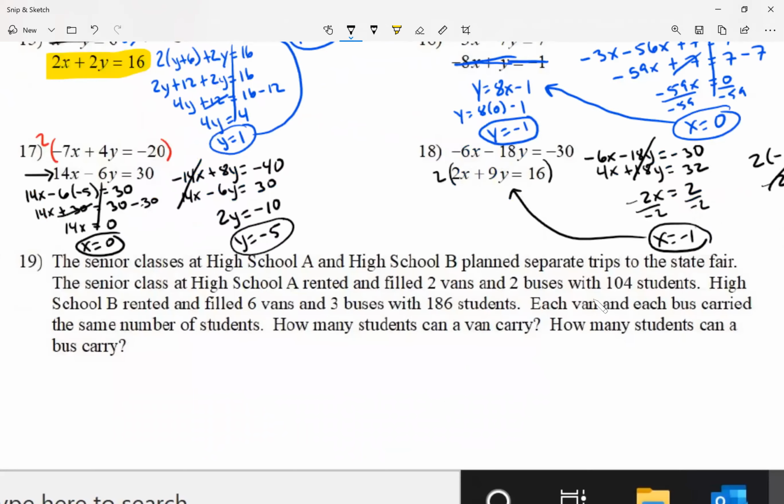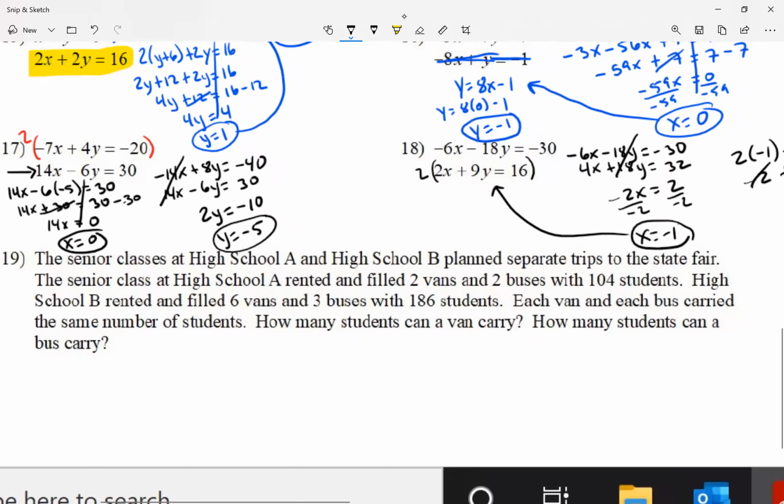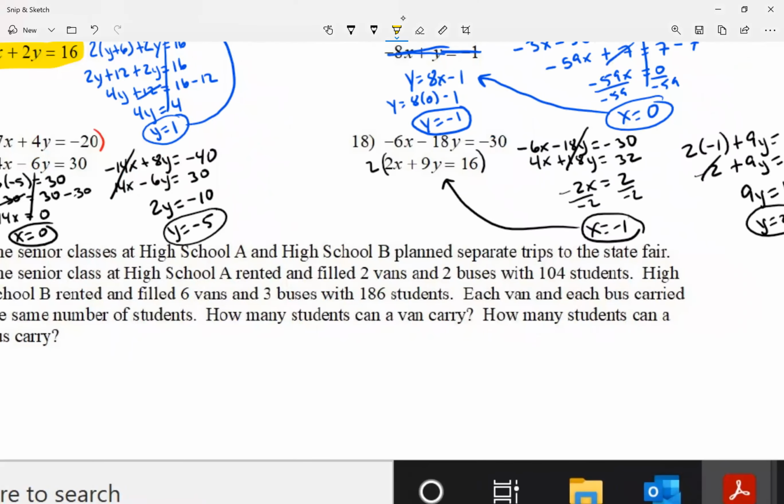Now let's take a look at word problems. The senior classes at high school A and high school B plan separate trips to the state fair. The senior class at high school A rented and filled, let me highlight this information, 2 vans, 2 buses with 104 students.